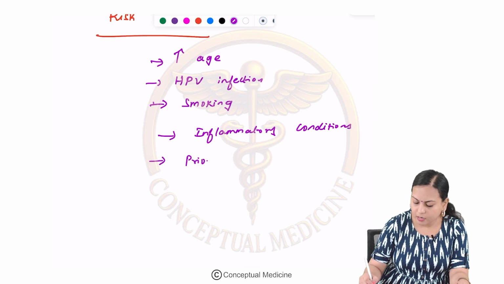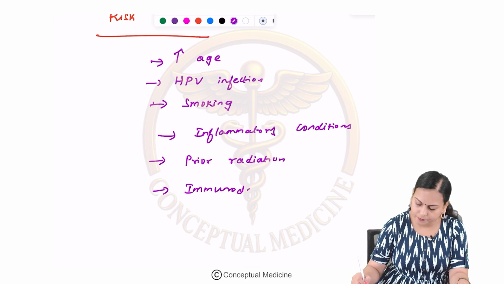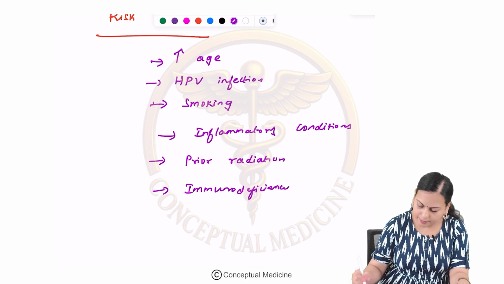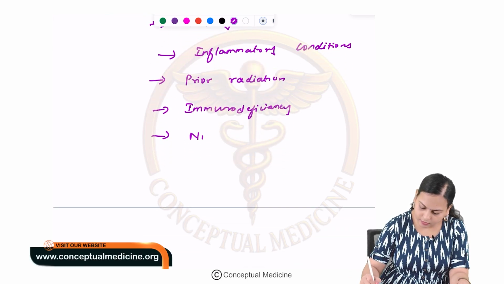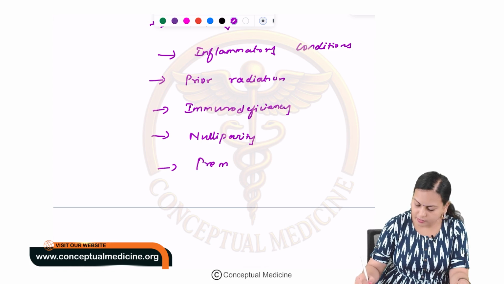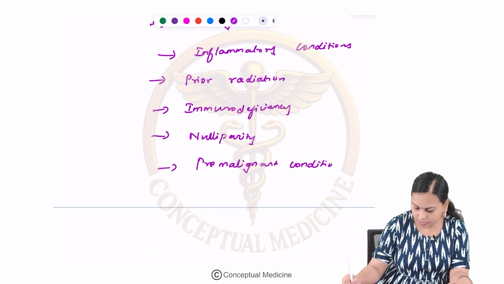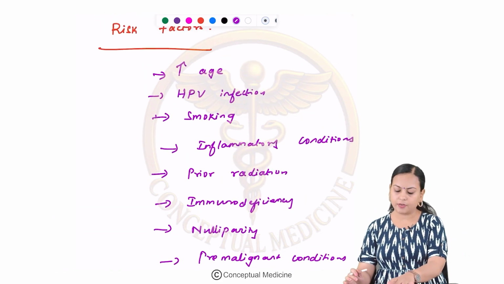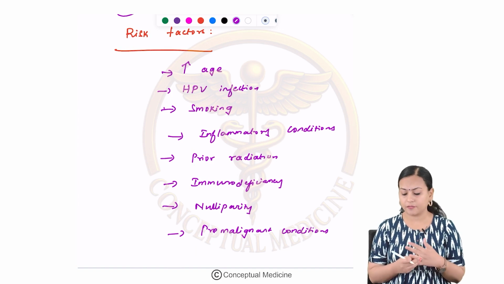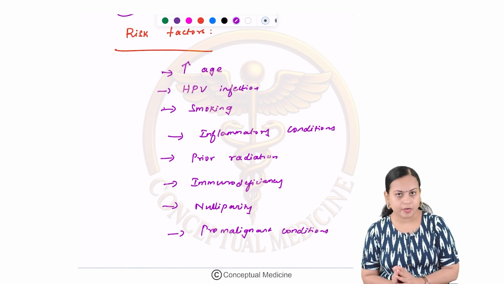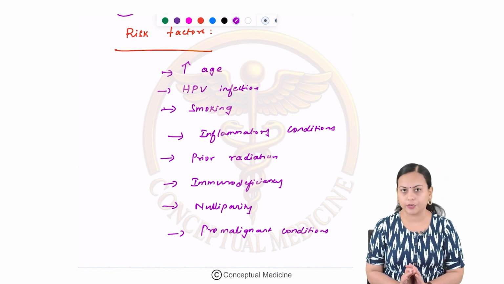Also, any prior radiation or immunodeficiency, nulliparity, and the pre-malignant conditions discussed so far. So, these are the risk factors for vulval carcinoma: increased age, HPV infection, smoking, inflammatory conditions, prior radiation, immunodeficiency, nulliparity, and the pre-malignant lesions of vulva we have discussed so far. Clear?